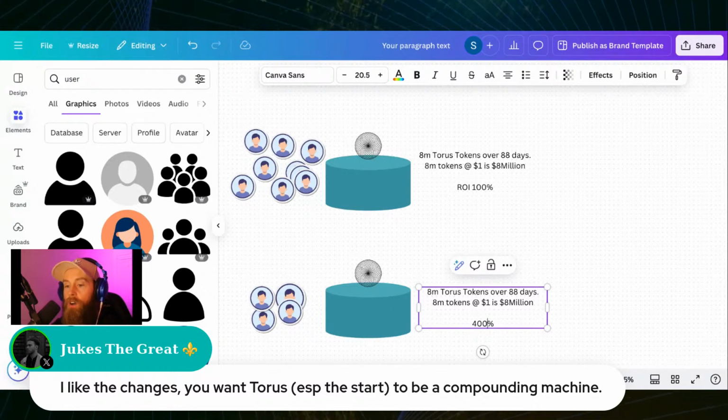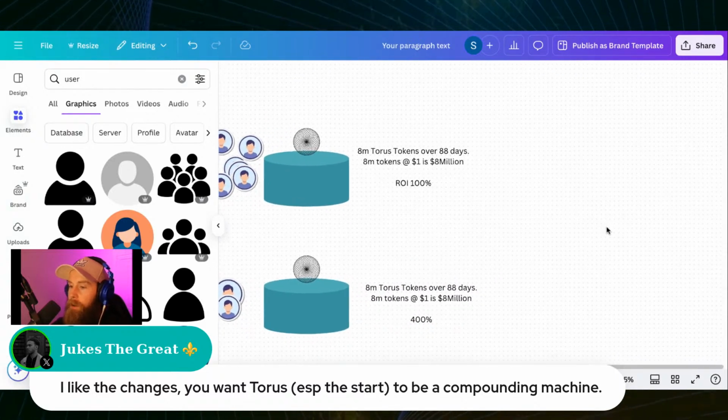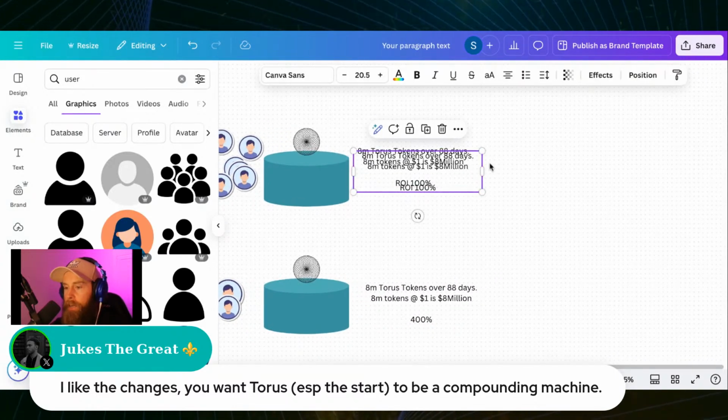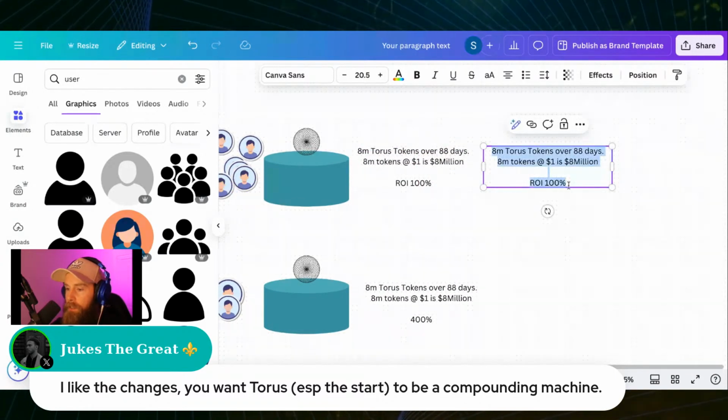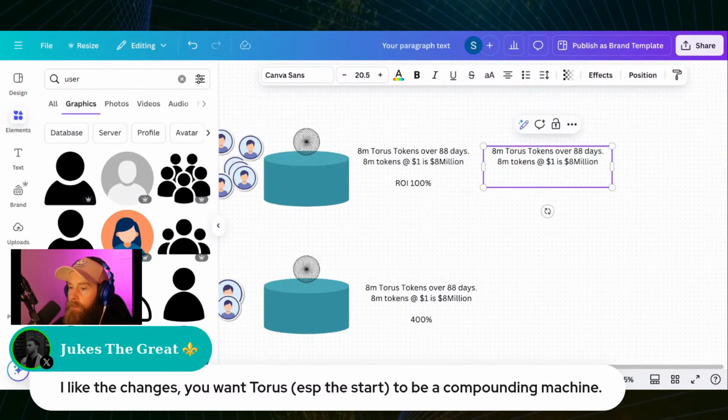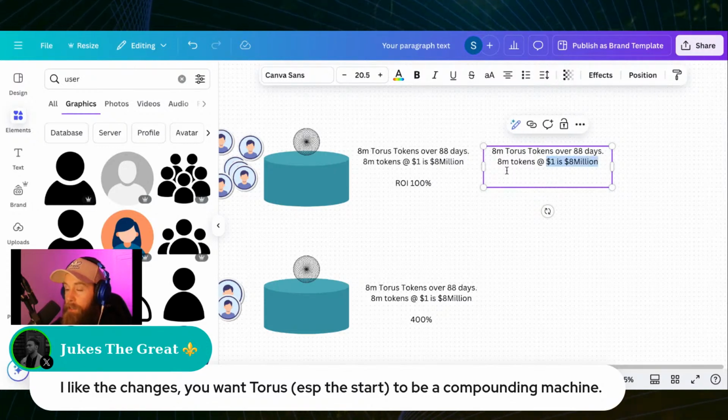Therefore, the ROI is potentially larger, because it takes way more economic energy to come in and get shares in the pool. So let's say over the first 88 days, these 8 million tokens are up for grabs at $1. Let's say though that the price is $1.75.